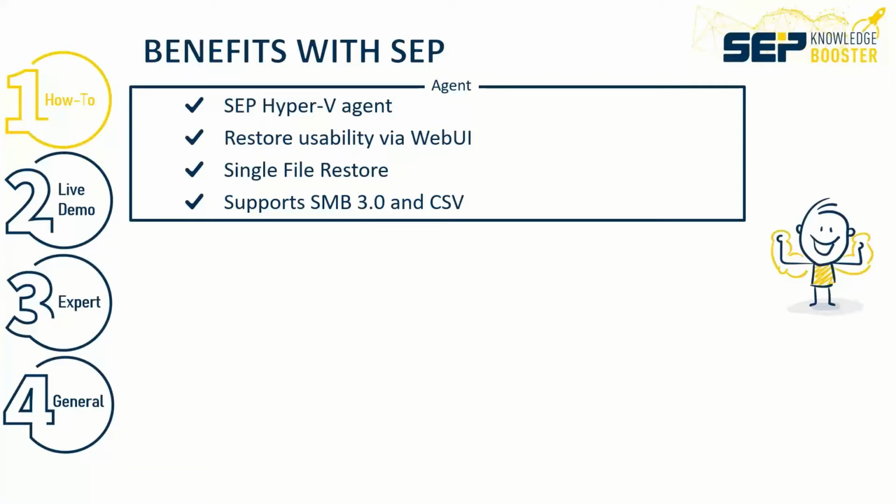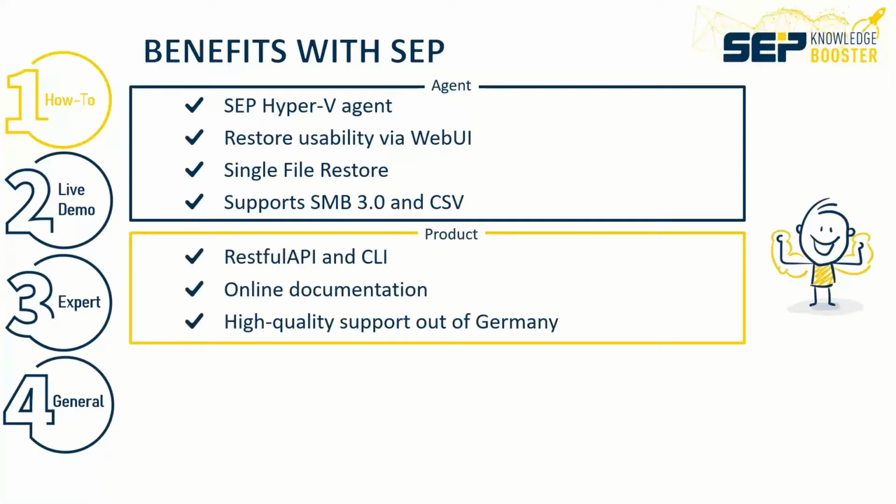But with our newest release, you can also use our WebUI for the restore. You can do single file restores from the full backups currently, and we support the standard file system mounts or storages from Microsoft. That means we have SMB 3.0 and cluster shared volume support integrated out of the box, so you don't have to configure anything for that.